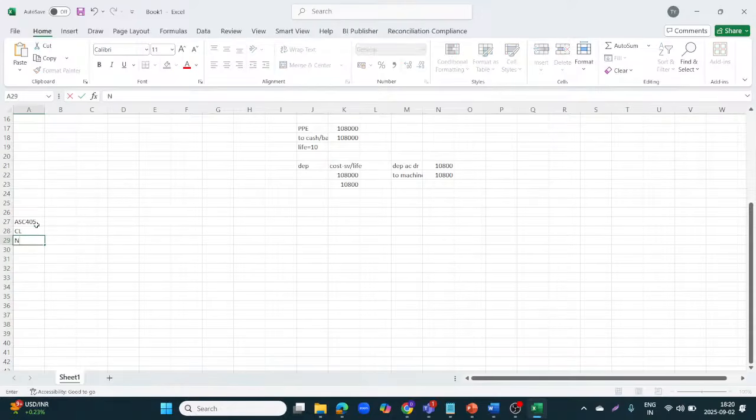Then you have non-current liabilities, obligations that are due beyond 1 year, like long-term debt. Then you have contingent liabilities, which means any potential obligation that depends on the outcome of future events, like a lawsuit.